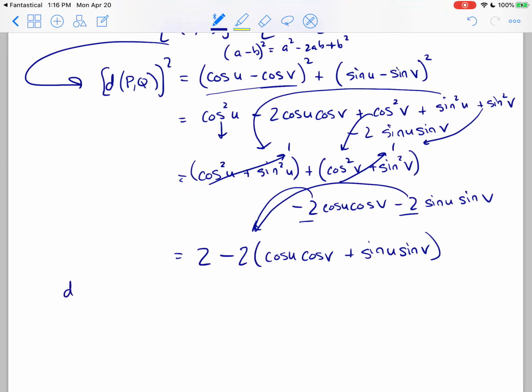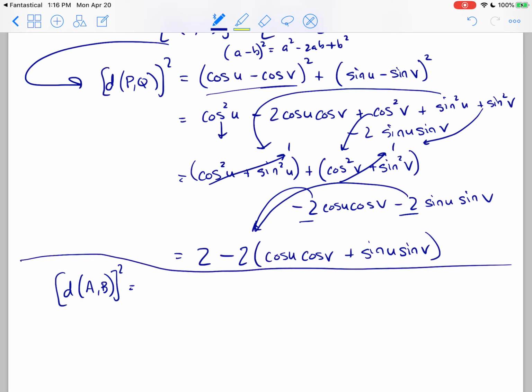So the distance between points A and B squared is going to be the difference in the x coordinates, so we have cosine of u minus v minus 1 squared, plus the difference in the y coordinates, that's just sine of u minus v minus 0 squared.